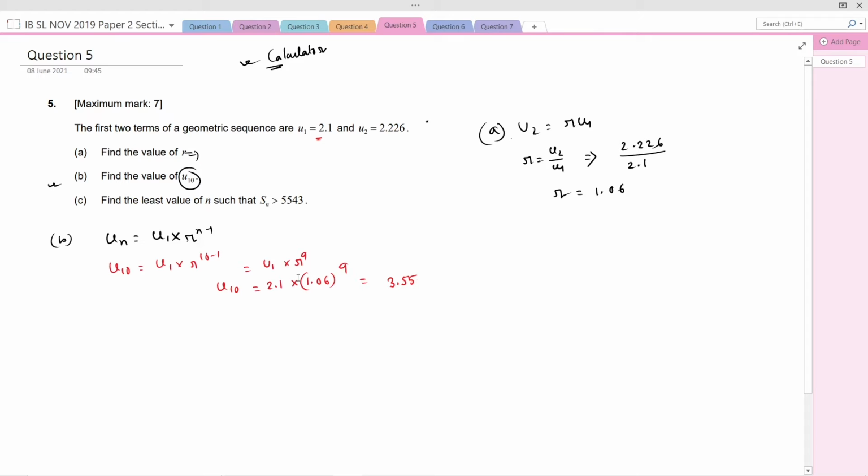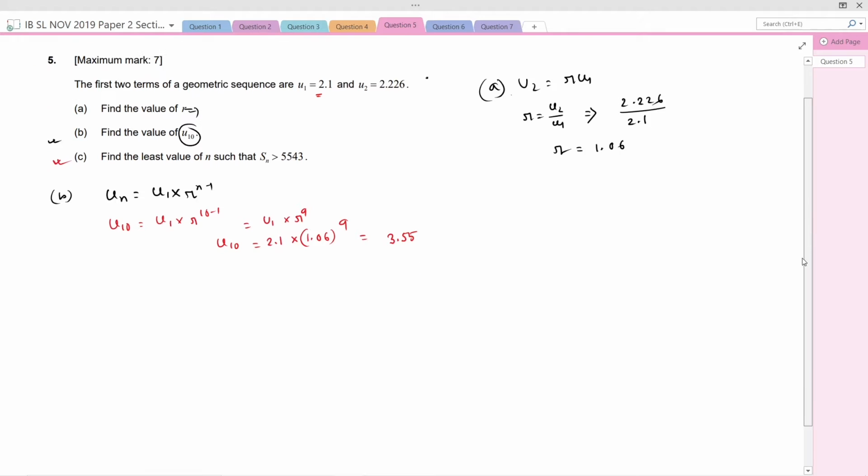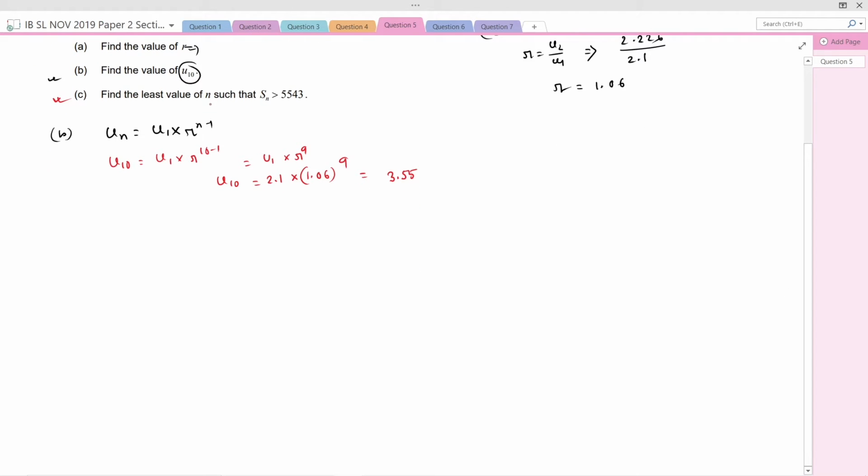Now we have to find the last question, that is this question. Find the least value of n such that Sn is greater than 5543. First let me write the formula for Sn, that is Sn equals u1 into r to the power n minus 1 divided by r minus 1.